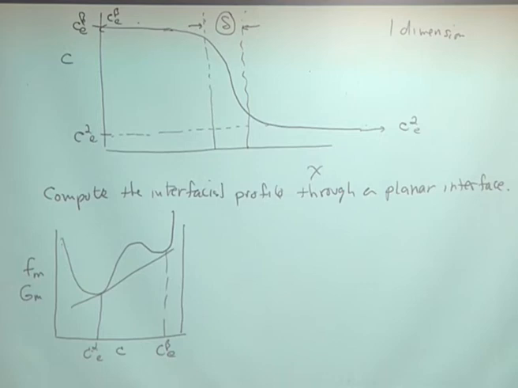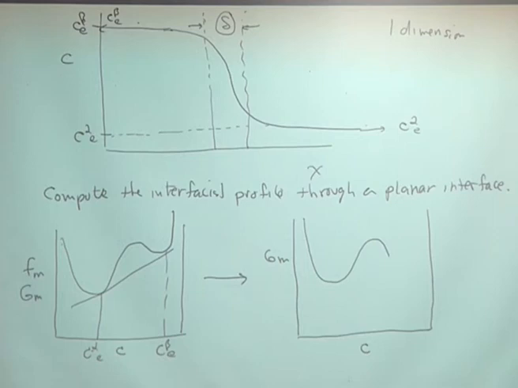We're going to make some simplifications just to save algebra and focus on the fundamental physics, and not on some of the subtleties that really don't change things. We're going to take that free energy function and make it look like this, and choose the reference energies, the standard state free energies, such that that's 0.